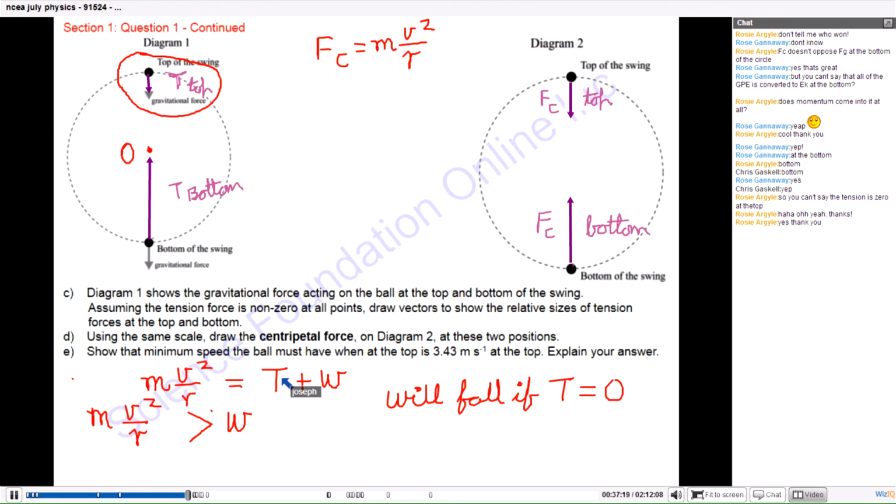No. For it not to be zero, it must be more than W, so that there is some tension T. So that's why I'm saying that mv squared on r should be greater than W.